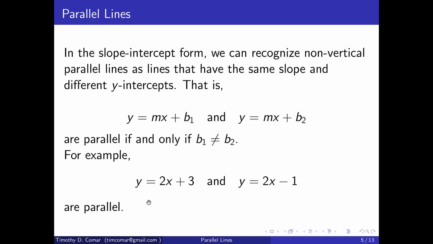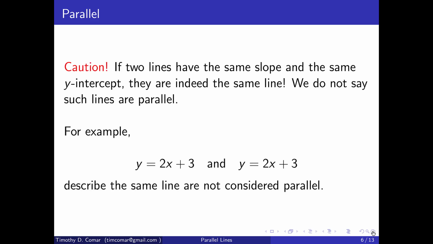For example, the lines that we had on the previous slide, y equals 2x plus 3 and y equals 2x minus 1, are parallel since the y-intercept coordinates, 3 and -1, are not equal to each other. Caution here.